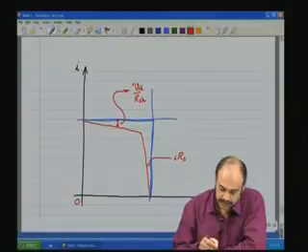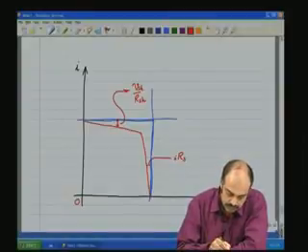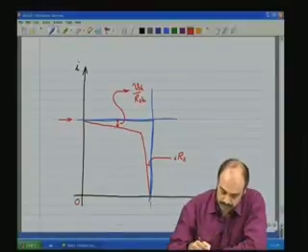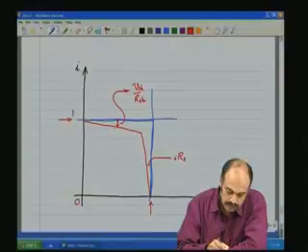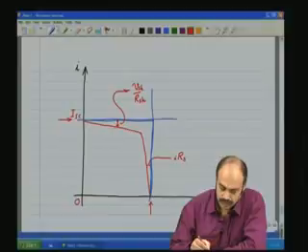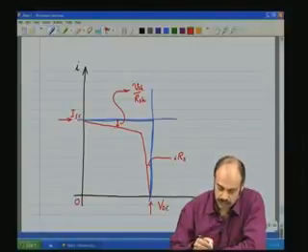There are two critical points that you have to note in the case of the solar cell. One is this point and another is this point. This is called the short circuit current ISC point, and this is called the open circuit voltage VOC point.